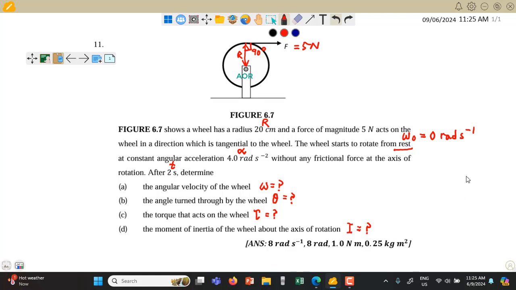So we start to solve the question. First, since we know the initial angular velocity of the wheel and the angular acceleration of the wheel, after 2 seconds, how much is the final angular velocity? How are we going to relate these 4 physical quantities? We are going to refer to the kinematics equations for rotational motion.